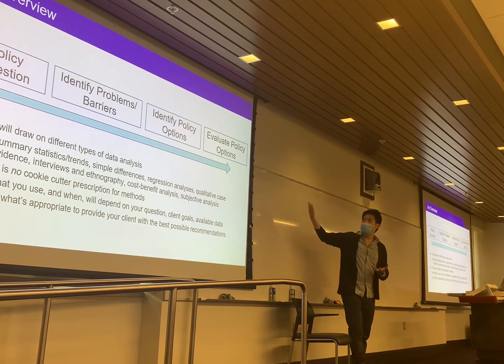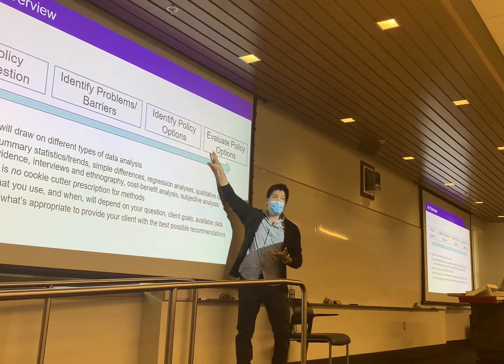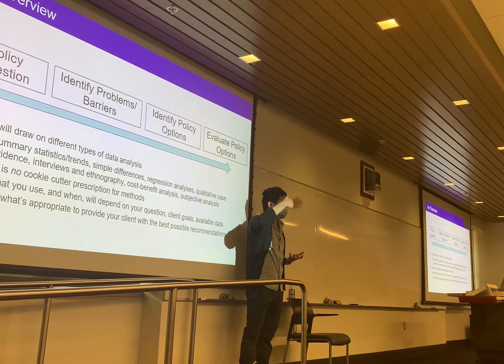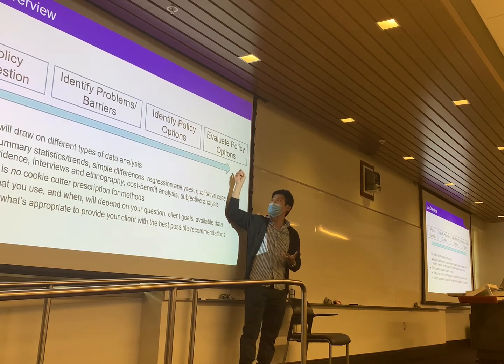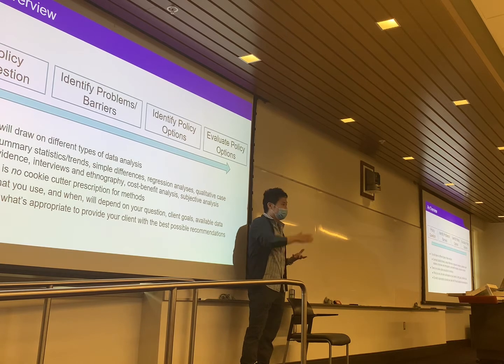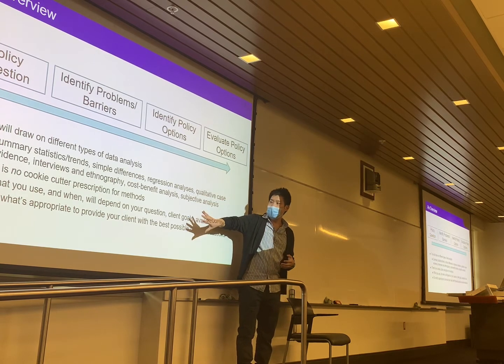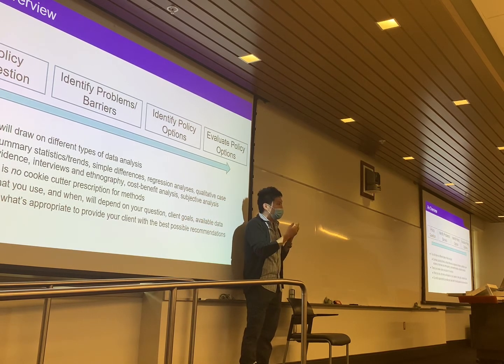When we talk about evaluating the policy options, when I mentioned those criteria they could evaluate against, you'll talk about timing, feasibility, so on and so forth, okay? So your analysis will hinge really clearly on the nature of your question, but again, also on the priorities and constraints of your client.